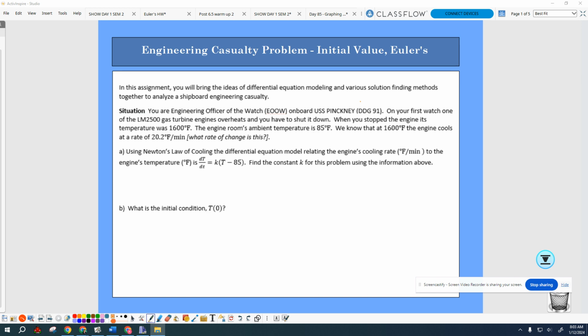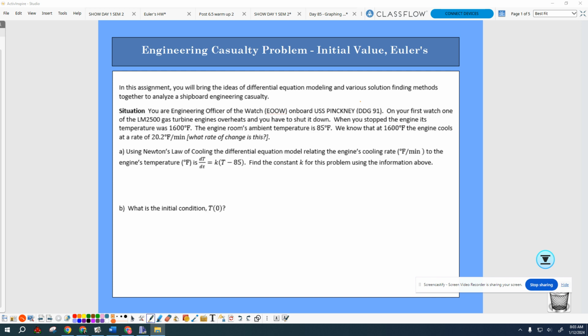So you're the engineering officer of the watch on board the USS DG-91. On your first watch, one of the LM 2500 gas turbine engines overheats and you have to shut it down. When you stop the engine, its temperature was a mere 1600 degrees Fahrenheit. The engine room's ambient temperature is 85 degrees Fahrenheit.